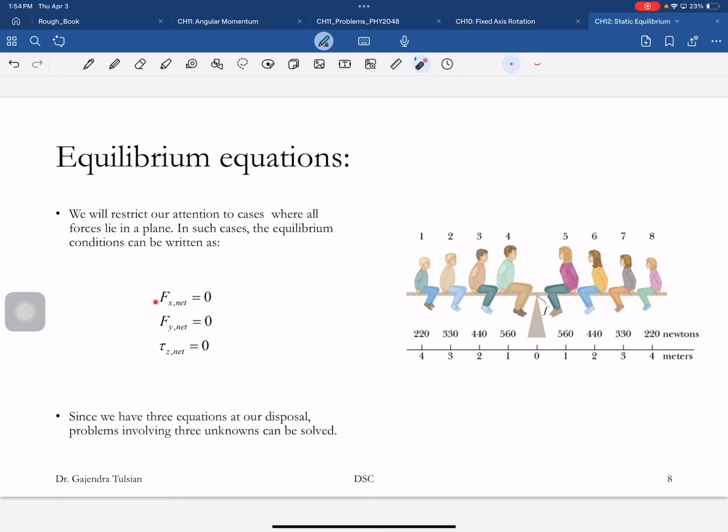So we will have only 3 equations to solve, and that's how we'll set up problems. Our forces will be in 2 dimensions and our torque in one dimension. So this is two equations and that's one equation.